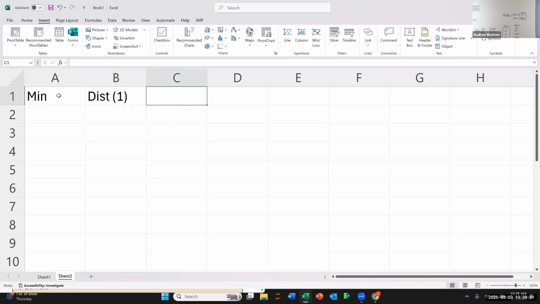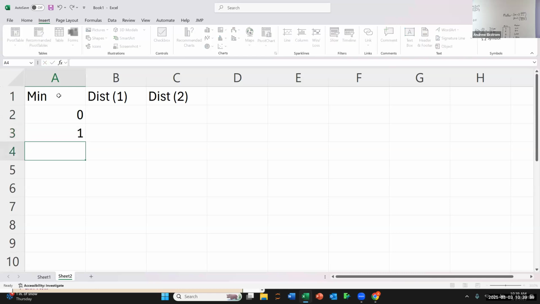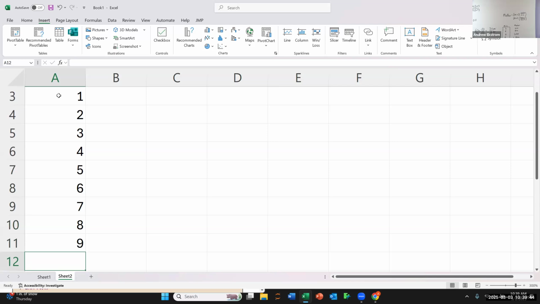We're going to say distance 1 and then distance 2. So 0, 1, 2, 3, 4, 5, 6, 7, 8, 9. And then we could even do 18.37 if we really, really wanted to.